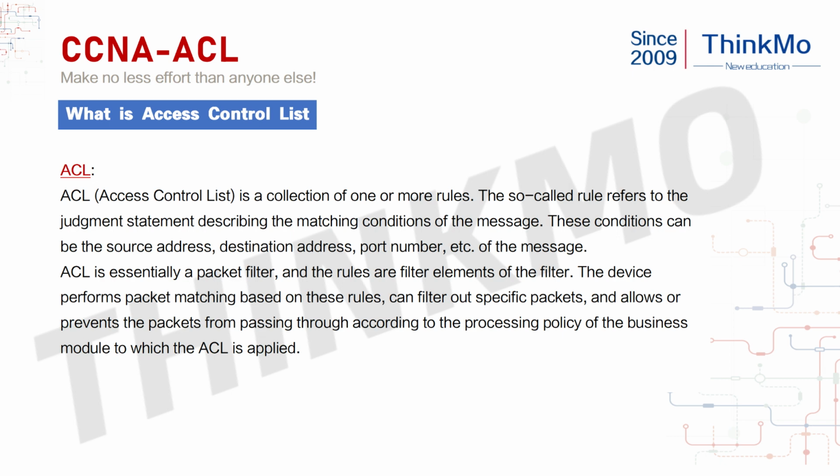An ACL is essentially a filter for packets. What does a message filter mean? That is, I filter corresponding packets. It's giving you access or not giving you access. For example, the enterprise network is involved in data on a variety of businesses.